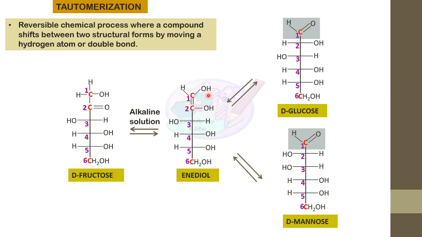Now this enediol is converted to either D-glucose or D-mannose, and both of these have an aldehyde group. Now this aldehyde acts as a reducing agent. So fructose itself is not a reducing sugar because it has a ketone group, but in alkaline solution it gets converted to either D-glucose or D-mannose, and that's why it behaves as a reducing sugar.